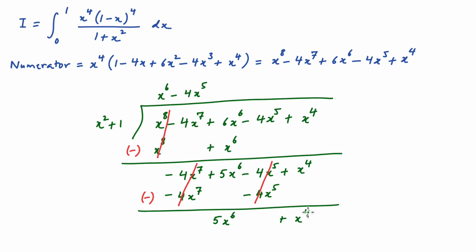Moving on, we multiply the denominator x square plus 1 with plus 5 times x raised to the power 4, and we get 5 times x raised to the power 6 plus 5 times x raised to the power 4.